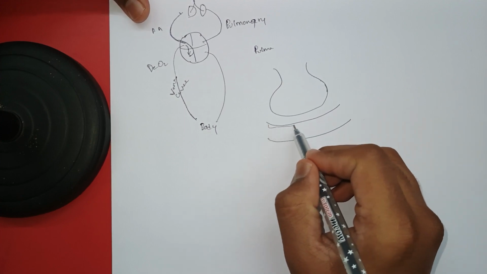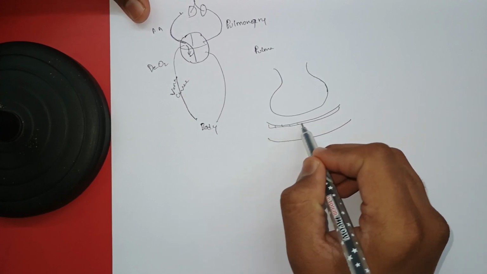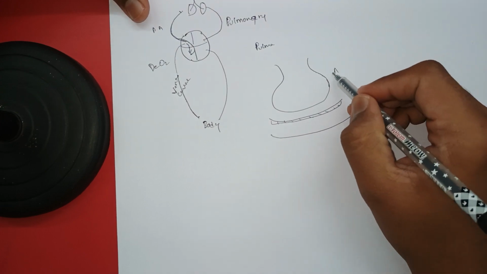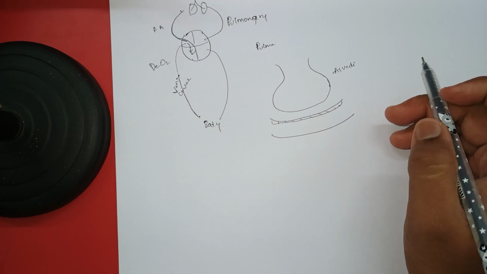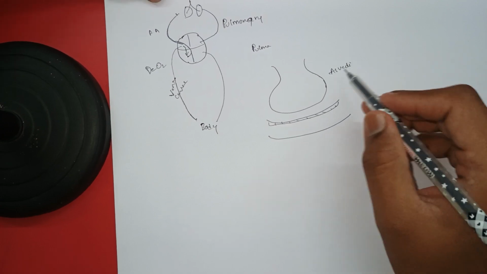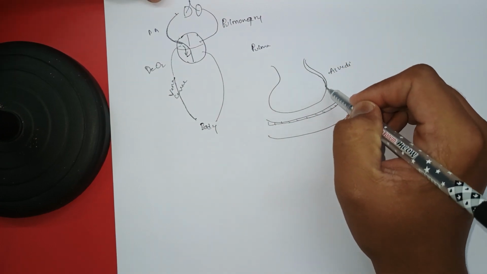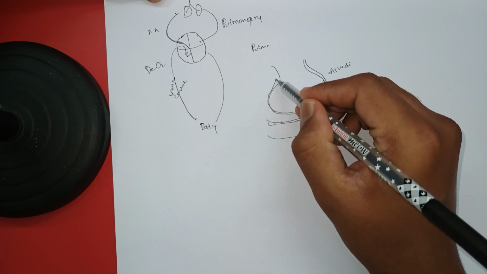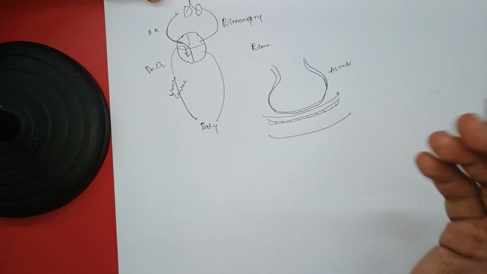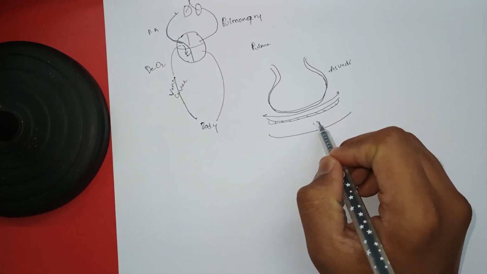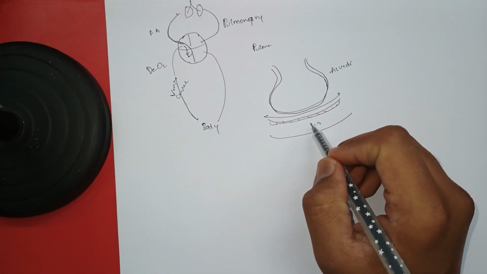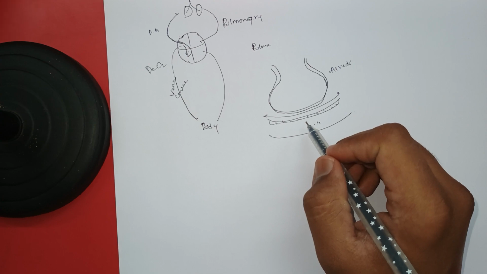this is the endothelium of the capillary. This is your alveoli. As I said, they are sac-like structures present in the lung. This is the epithelium of the alveoli, and this is your basement membrane or basement substance. The capillary arises from the pulmonary artery.